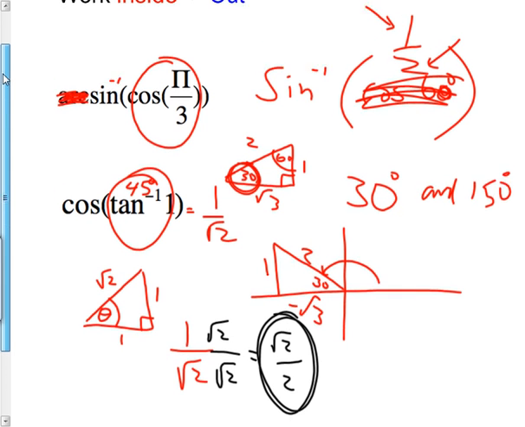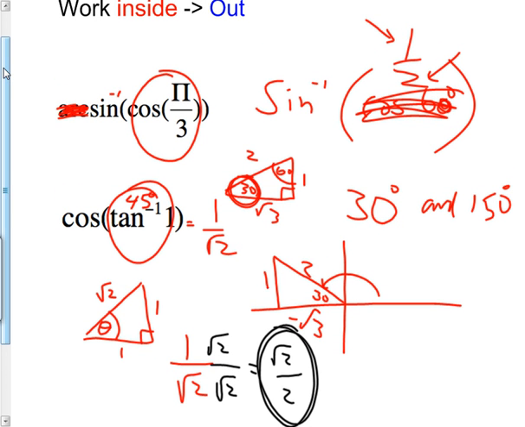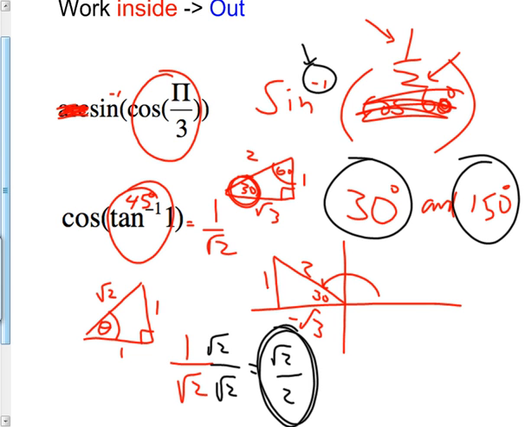Yes? Someone asked if it doesn't ask for all answers, just for one, would we say the one for that 30? I'm going to say that anytime you have an inverse sine as the last thing you do, like if you start in the middle, you might be doing something different. But when the last thing you're figuring out is an inverse, then you should be looking for maybe there's a chance of two answers. Not always, but sometimes. So if you want to give them an answer in degrees, watch out that there might be more than one.